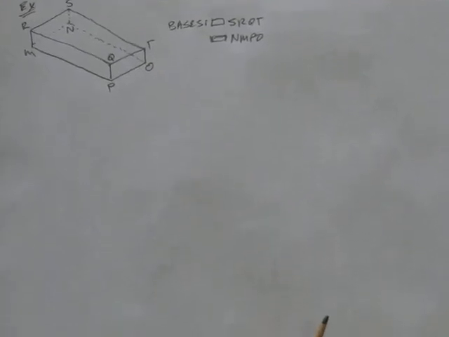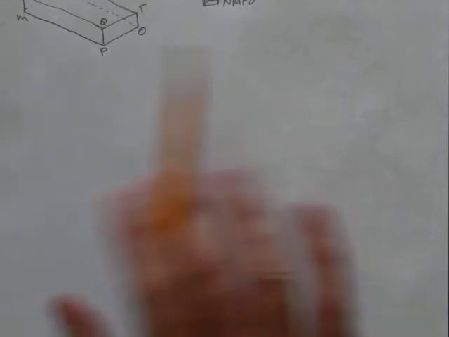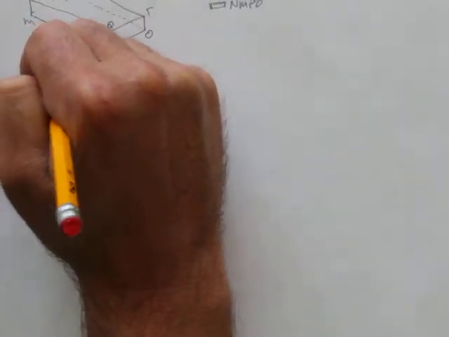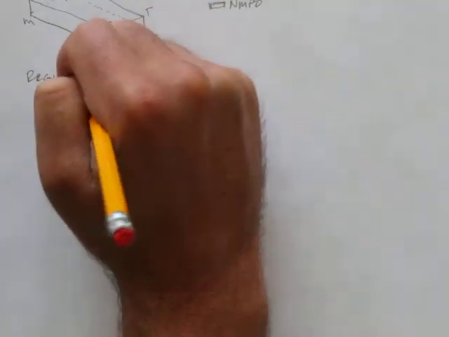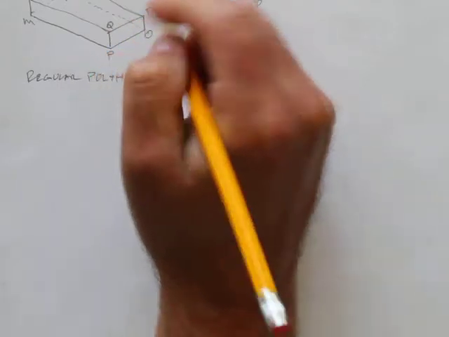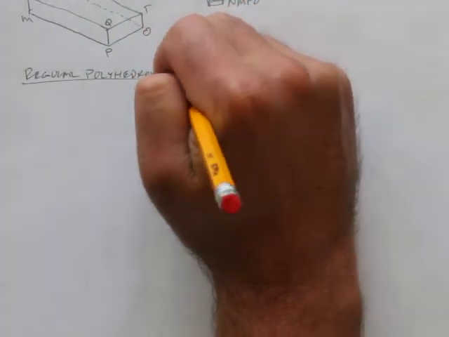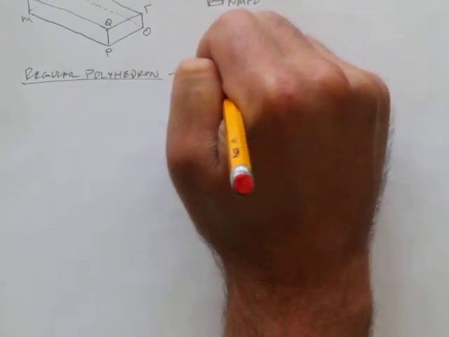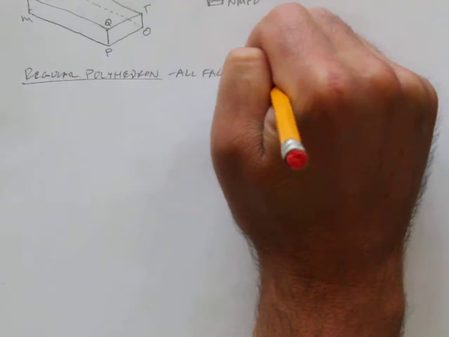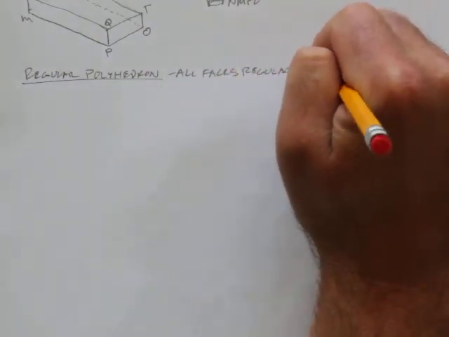Let's go ahead and let's keep going. Let's talk about a regular polyhedron. All faces regular and congruent.